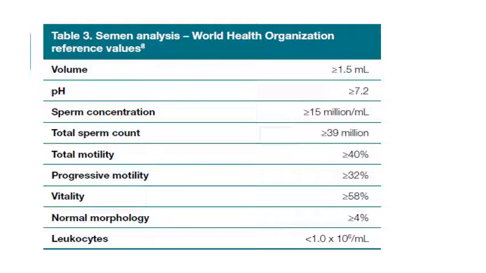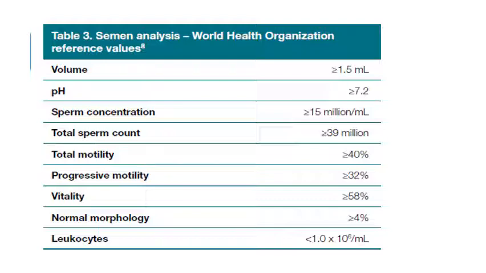WHO has laid down reference values when evaluating the quality of semen, that is the volume, the pH, the sperm concentration per ml, total sperm count, motility of the sperms, progressive motility, vitality of sperms, normal morphology of sperms, and the concentration of leukocytes in the semen.